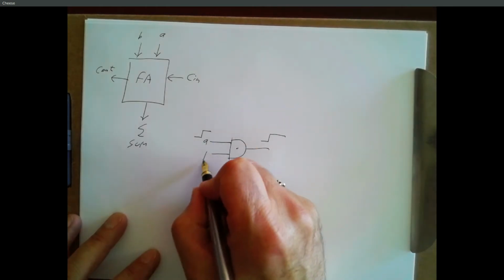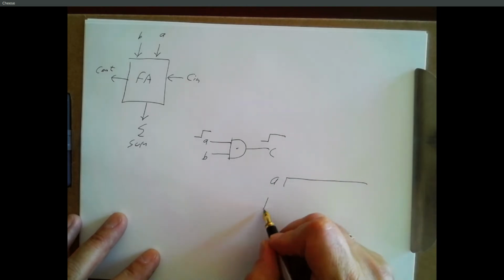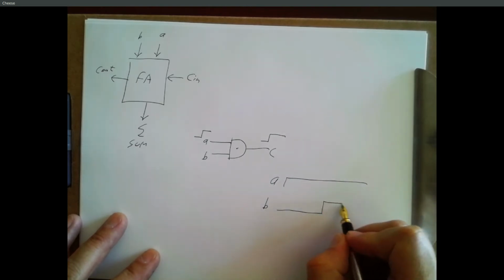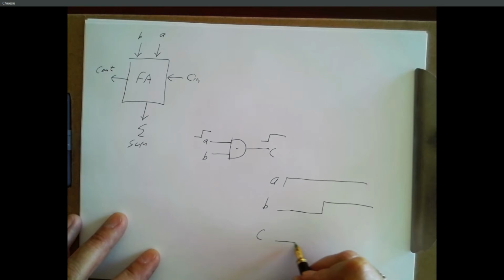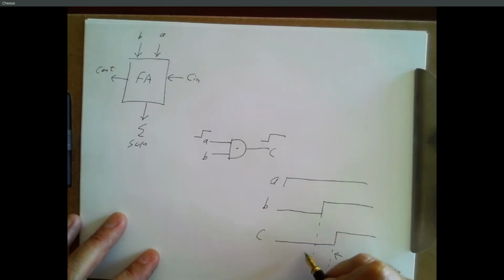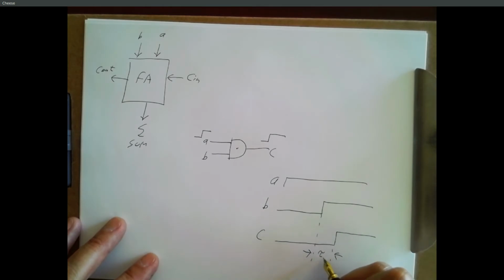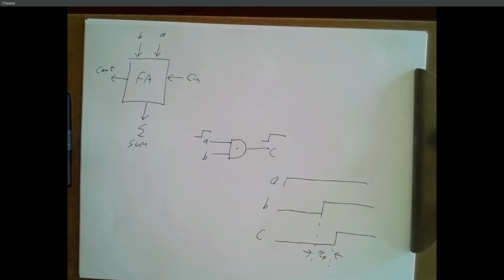So if this is A and B and C, and A is high, and B starts off low and then it goes high, C is not going to go high right here. It's actually going to take a little while. So this difference in time, that's the propagation delay. And we usually use tau for time, and so tau sub t might be propagation time.